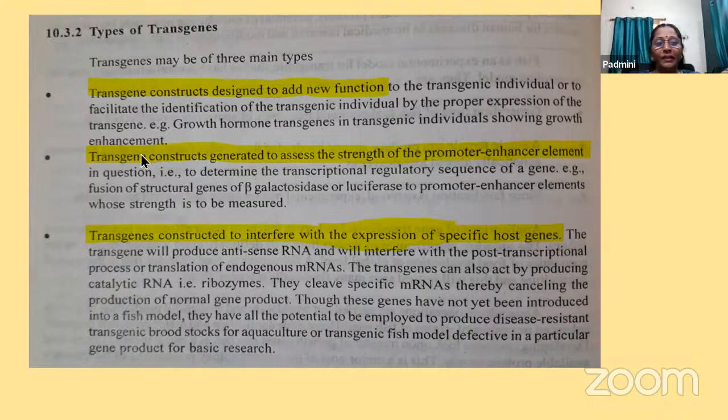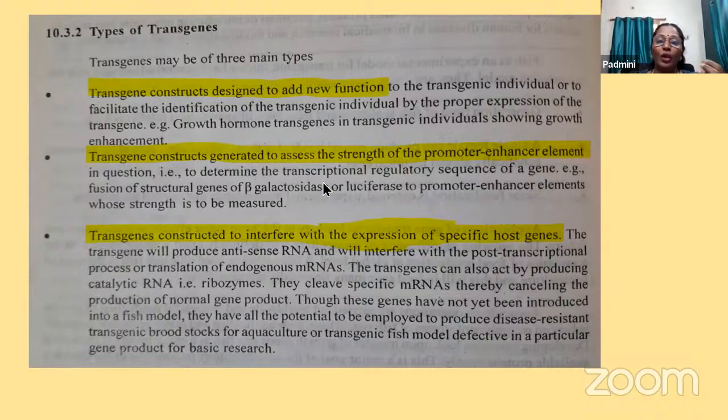The second one is transgene constructs generated to assess the strength of the promoter enhancer element in question. That is, you want to see what is the strength of that promoter enhancer. For example, you fuse the structural gene of beta galactosidase or luciferase to promoter enhancer elements whose strength is observed and measured.